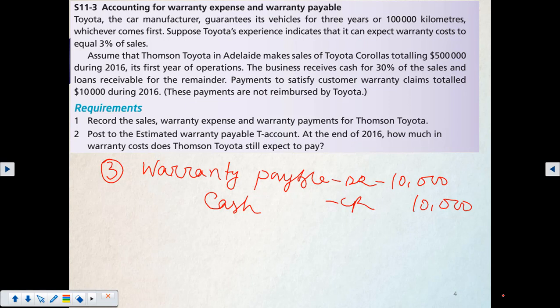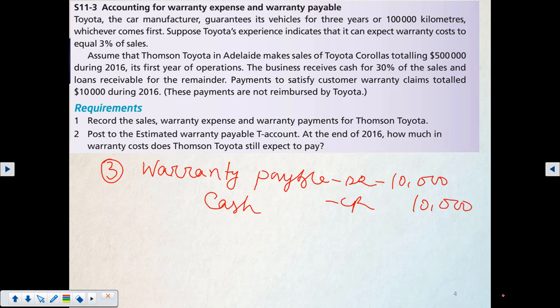Next question, it's related. How much warranty expense will they report in the income statement? Look at the journal entry.